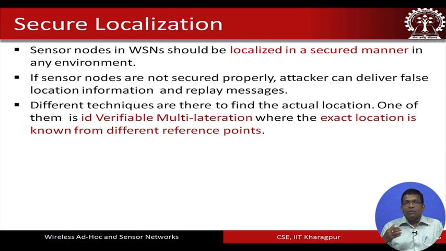Now, the problem is that if that is compromised, that means the actual location of the sensor node is not given along with the data. Maybe some other location is given or something like that. That would lead to problems, because the correct location has to be appended along with the data that is being sent.